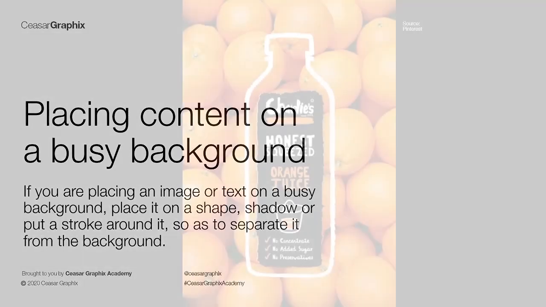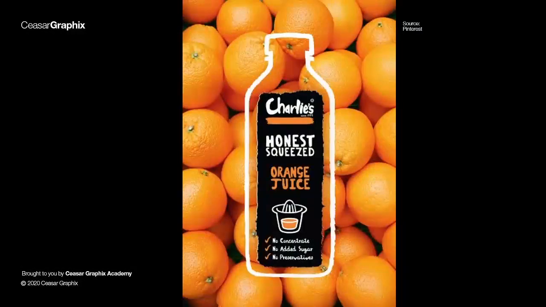I have this example here of this beautiful looking artwork. As you can see, if we didn't have this shape at the back of this information, I'm sure it would be difficult for us to read the information on this design. So the effect here, this grungy looking shape, separates the information from the background.